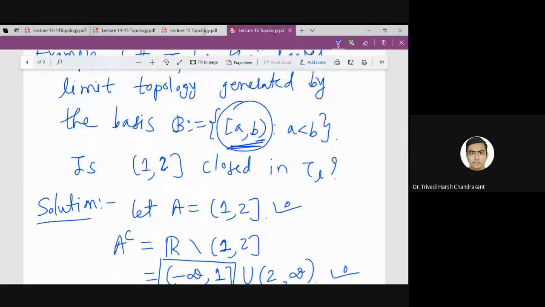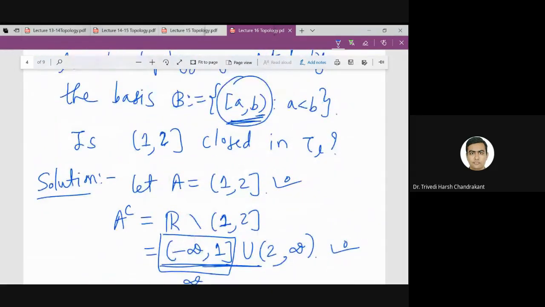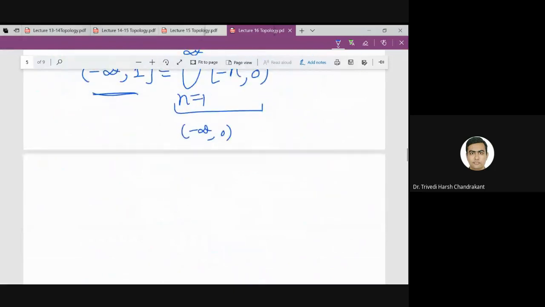If I have a collection of open intervals, how do I get a union to be 0?